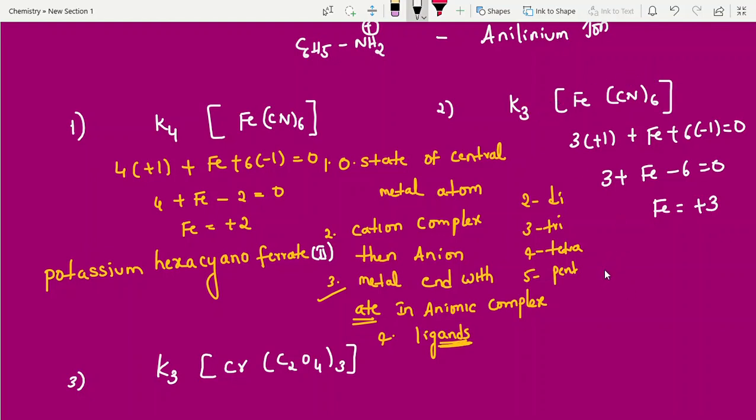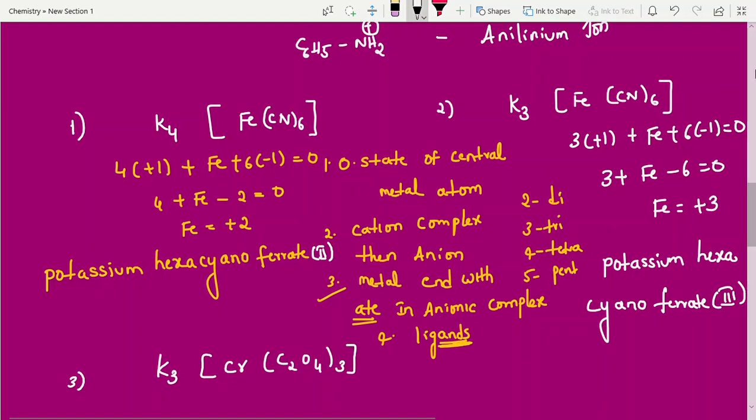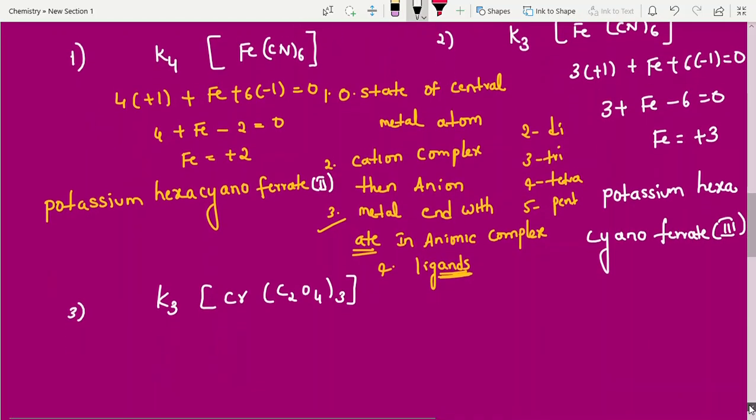Cation written first: potassium. Next, hexacyanoferrate 3. Try to understand. That's it, this is the name. Now potassium ferrocyanide we have studied, no? That is the common name. This is the IUPAC name. Hope everybody is clear on this.